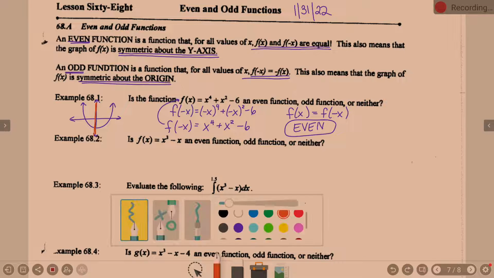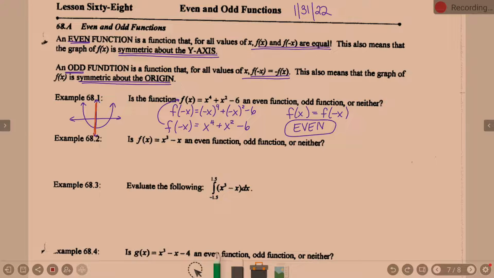Okay, example 2. Is f of x equals x cubed minus x an even function, odd function, or neither? Well, if I start algebraically, what am I going to do first? See what happens when you put negative x in. So if I write this out, that is the negative of x raised to the third minus the negative x.